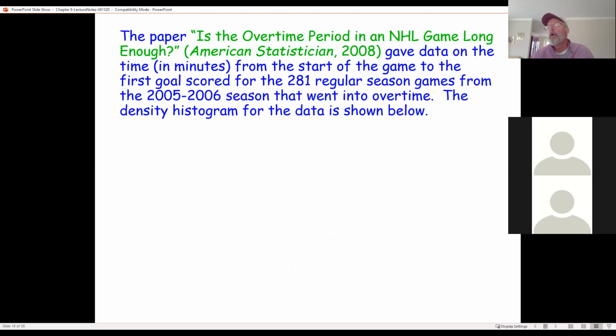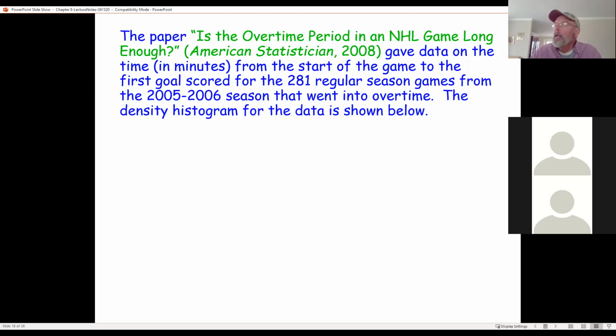Okay, so here is new material. We're talking about the time in minutes from the start of the game to the first goal scored in 281 regular season games in the NHL, hockey.